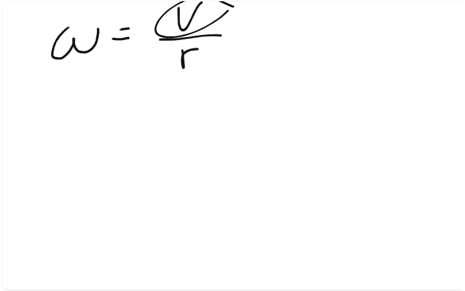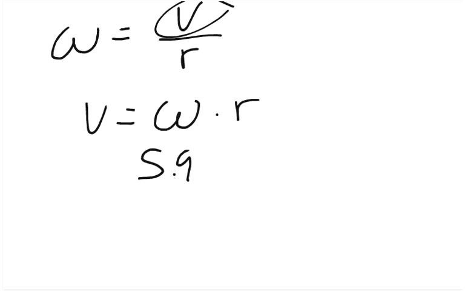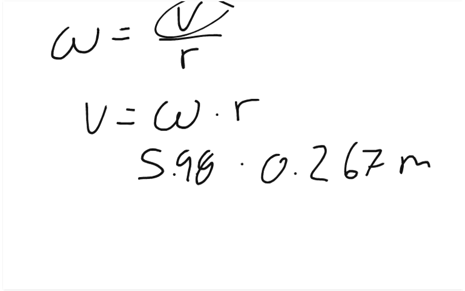Then in part B, the linear velocity. Angular speed equals the linear velocity divided by the radius, so the velocity equals the angular speed times the radius. The angular speed we solved in part A was 5.98 radians per second, and the radius we were given is 0.267 meters.